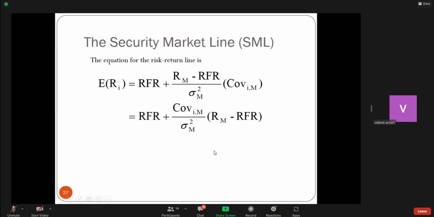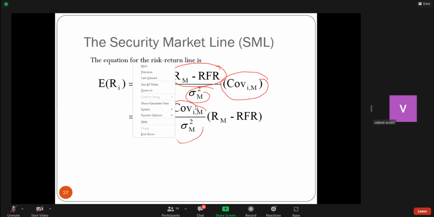The security market line is simply this: the risk-free rate, which you are aware of, plus this, which you are also aware of. This part is nothing but the sensitivity: the covariance of security I's return with the market, let us say the Sensex index or some index, divided by the variance of the market.